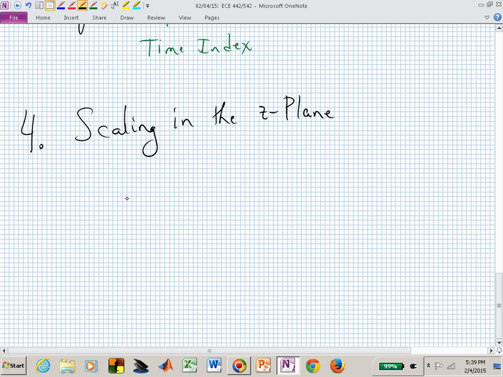Which means if you had some function of n in the time domain, and you actually want to hit that with, in this case, you could think of dividing by r and raising that r to the n so that at every n you're sort of dropping that. If r is bigger than 1, you're scaling that f of n down. You're shrinking it down with each n. That's one way of visualizing that.